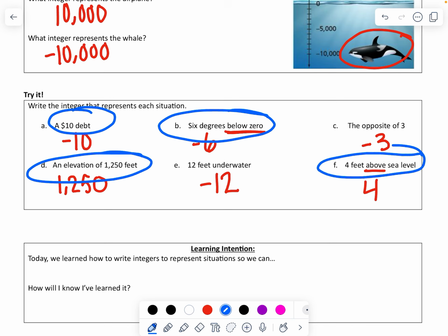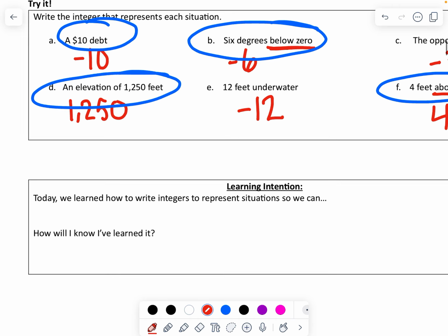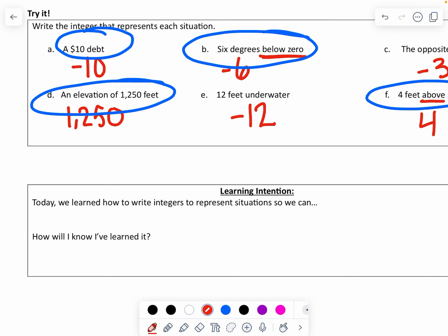So it can help us understand all of those different things that we'll use in the real world. You are going to see integers all the time. We see integers in sports every day. For football, if you have a penalty, that's negative 10, negative 15 yards. So we use positives and negatives all the time.